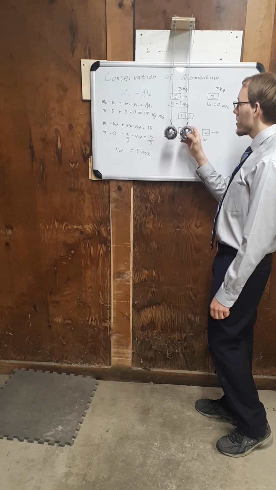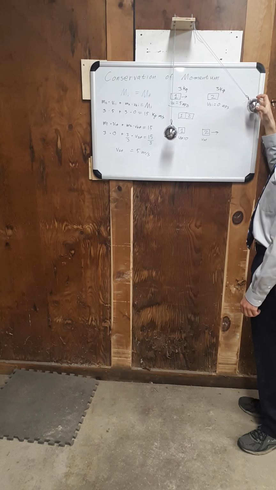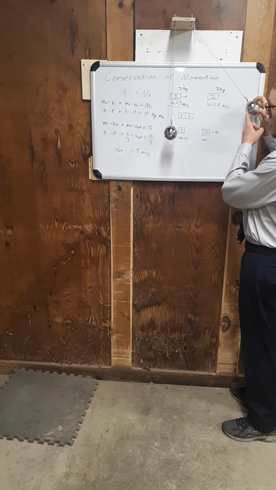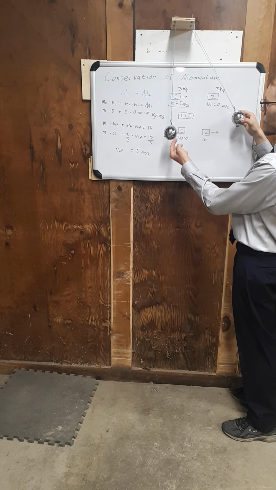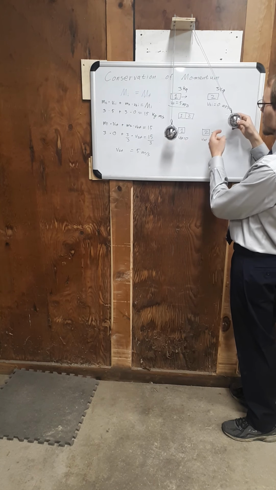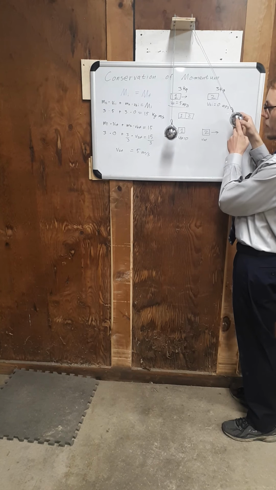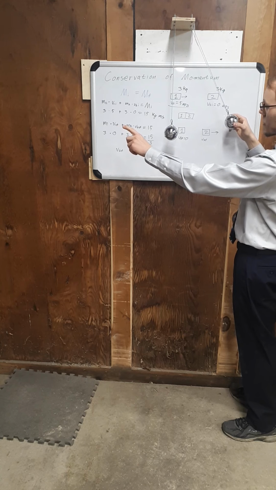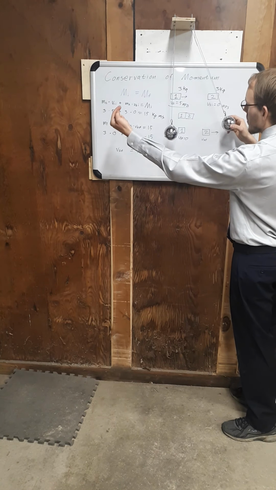So if I take ball 1 and hold it back at this angle, once I let go, I would expect the ball to accelerate down, collide with ball 2, at which point ball 2 will transfer its energy into ball 1, slowing it down, and vice versa, ball 1 will accelerate ball 2 and swing it out this way. So ball 1 will stay stationary here, and ball 2 will swing out this way.